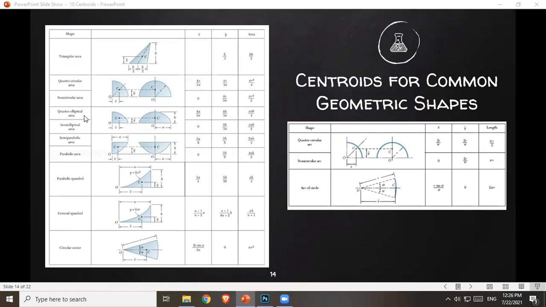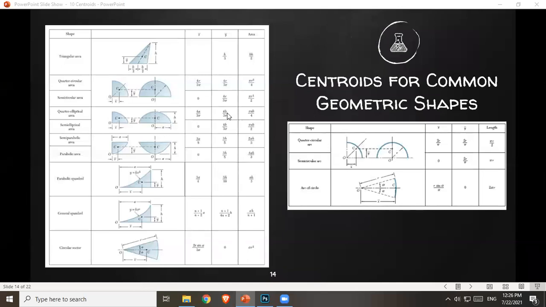Now, what about if we have a quarter elliptical area? So here, x bar, which is the distance of the centroid from the height of your quarter ellipse, is 4a over 3 pi. A being the half the length of the major axis of your ellipse.